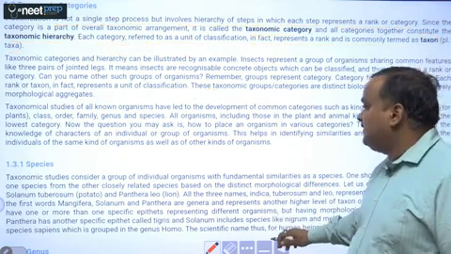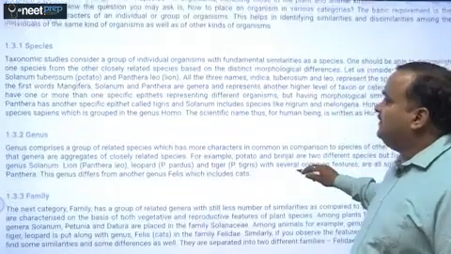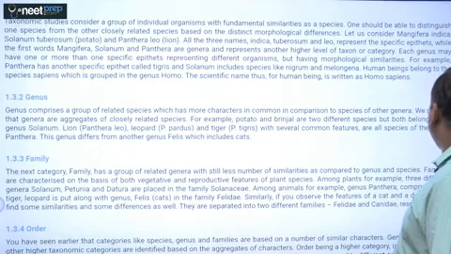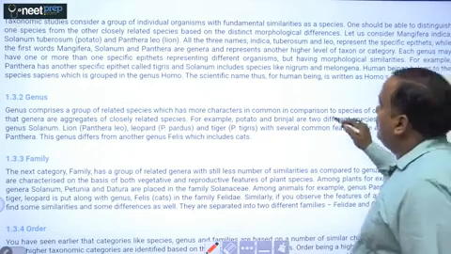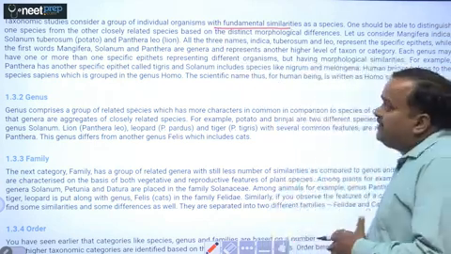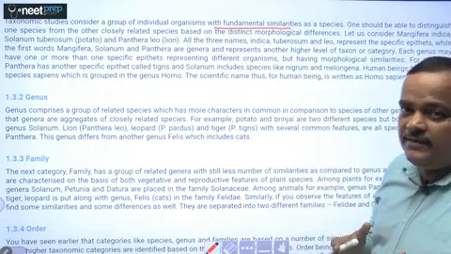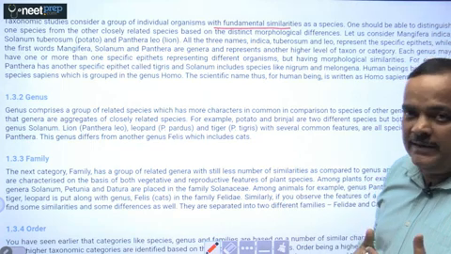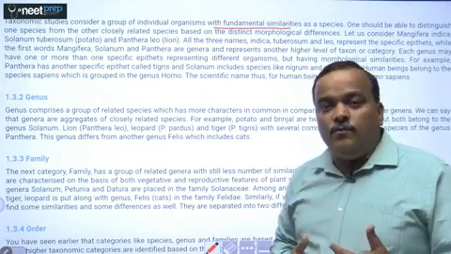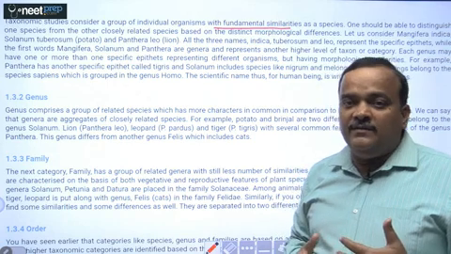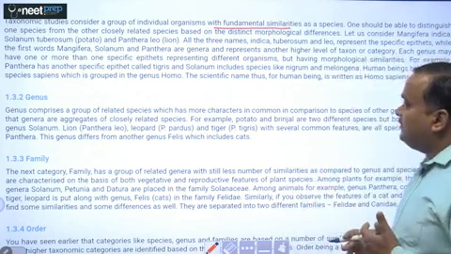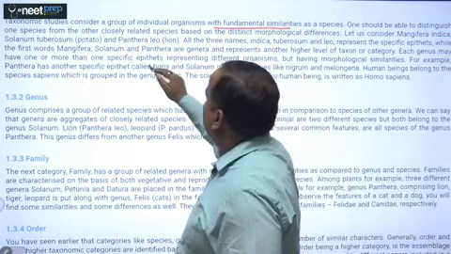Now the first category is species. So what is species? Species is a group of closely related individuals with fundamental similarity, and they are able to interbreed among themselves and produce fertile offspring, and they are reproductively isolated from all other such groups. This is the biological concept of species and this is the most accepted concept of species.